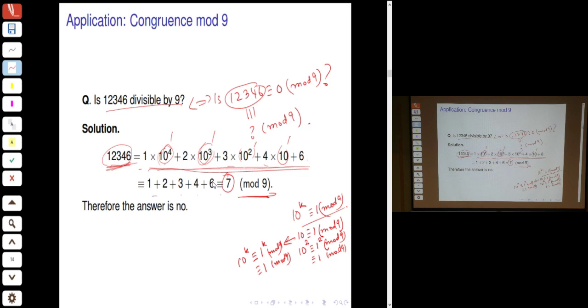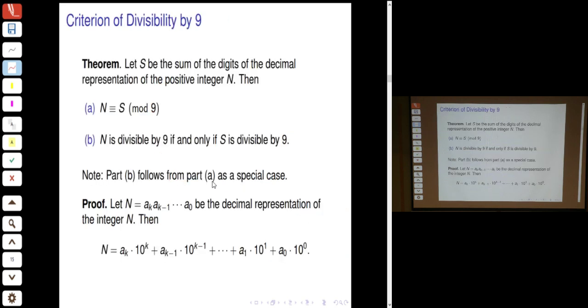Any questions? Okay. So, let us now formalize the previous example into a criterion for divisibility by 9. Let S be the sum of the digits in the decimal representation of a positive integer n. Then n is congruent to S mod 9, and n is divisible by 9 if and only if S is divisible by 9.